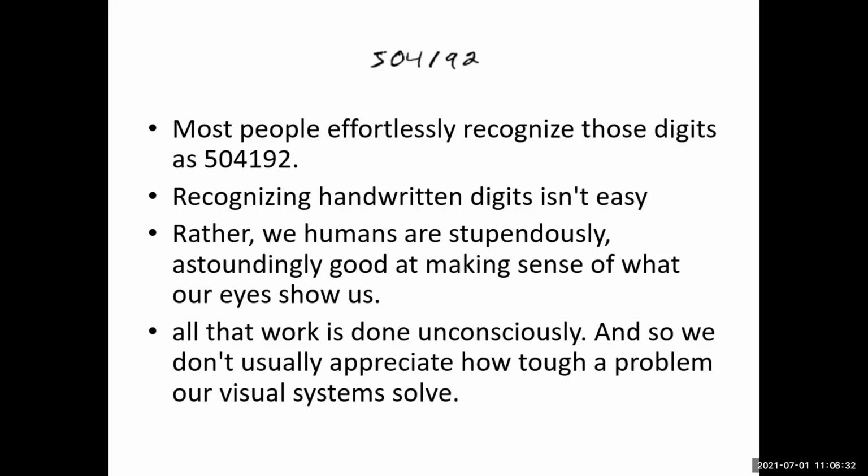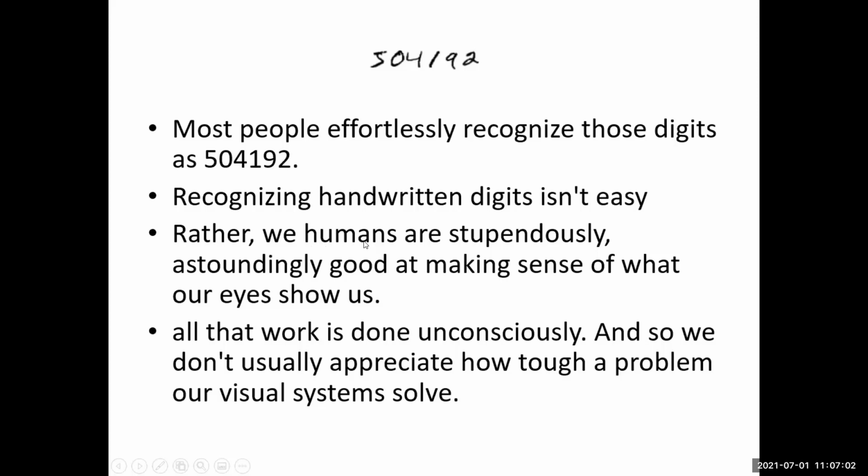So handwriting recognition is an important problem, just like image recognition, and it is image recognition, and that's just one important problem in data science. Most people effortlessly recognize these digits as 504192. But it's not easy.